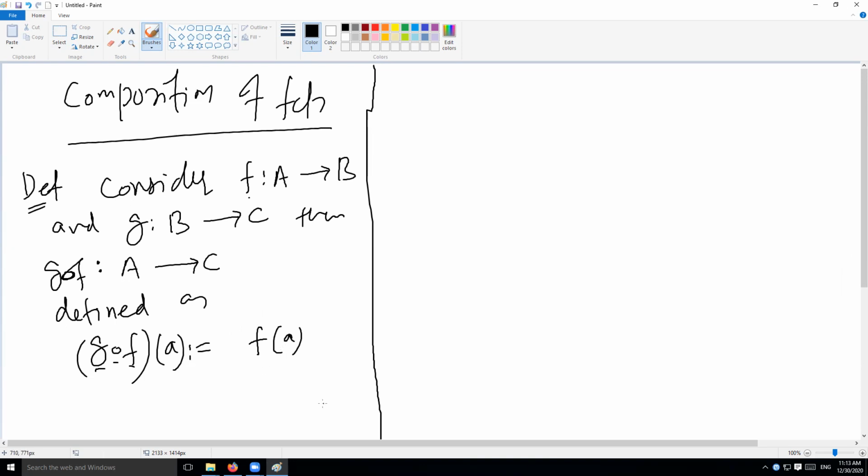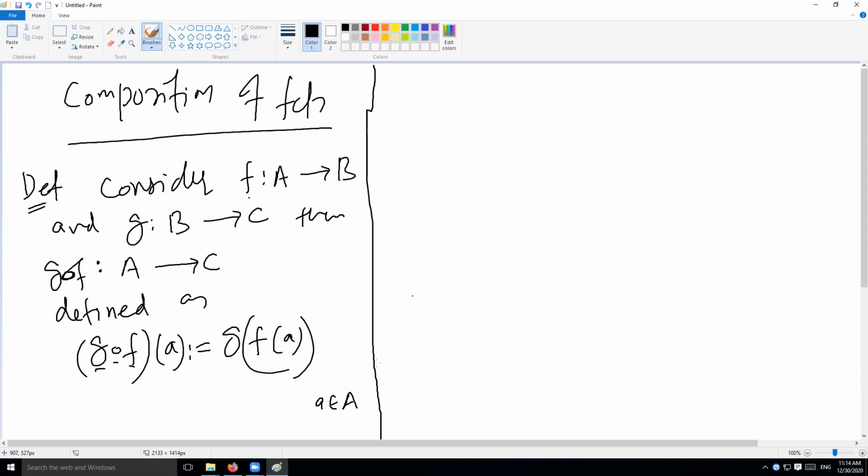So if a is from A, where is f of a going to be? The f of a is going to be in B. Agree? So if a is from A, the f of a is going to be in B, and B is the domain of g. So I can also operate g onto this f of a.